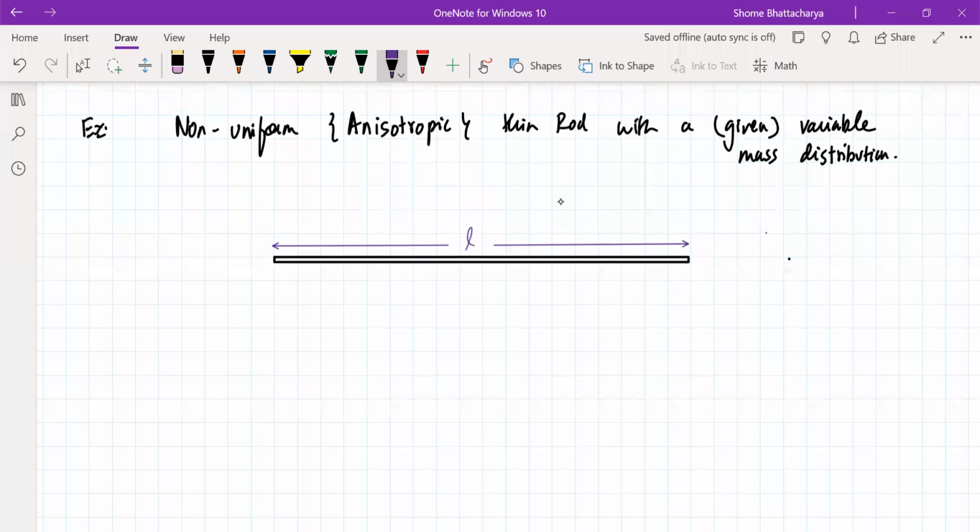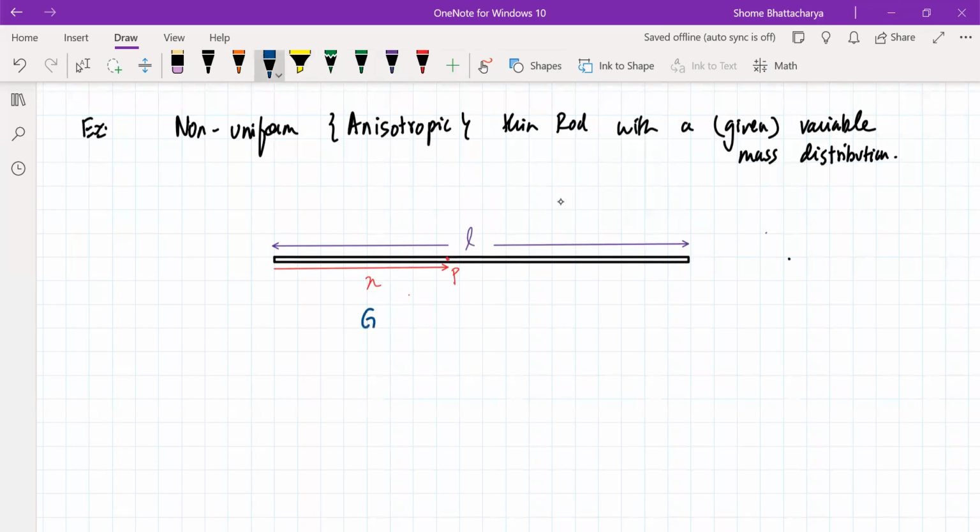Okay, but the mass distribution is such that if we take a point inside the rod, which is at a distance x from this end, at any point like this, the mass per unit length is given to us to be a variable quantity.